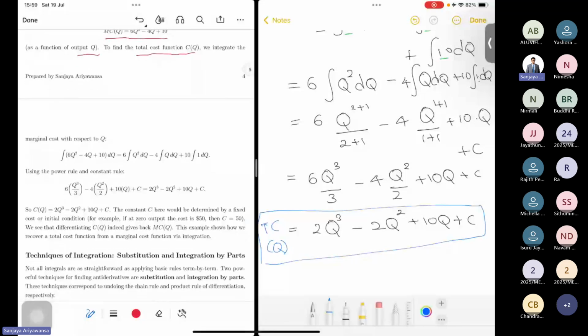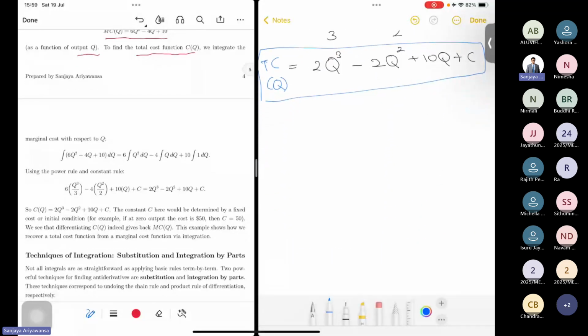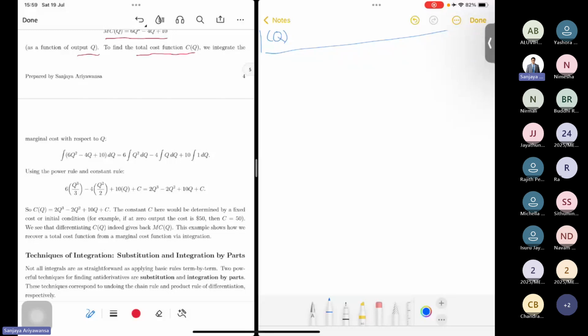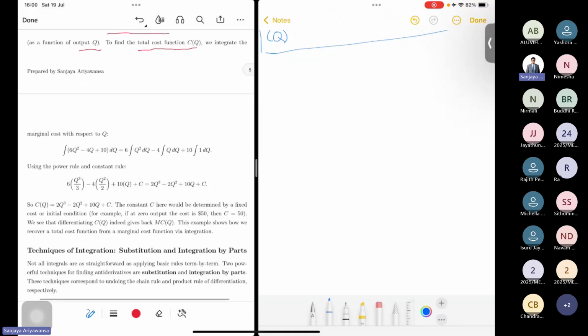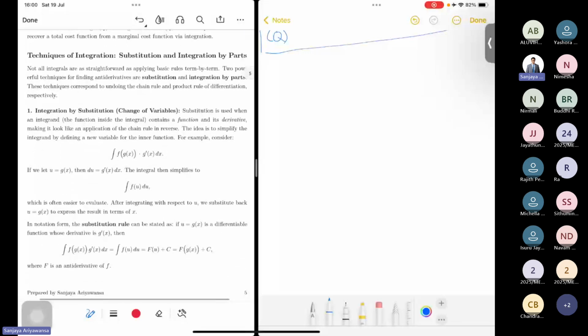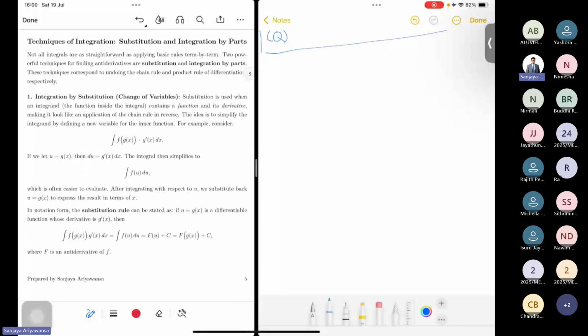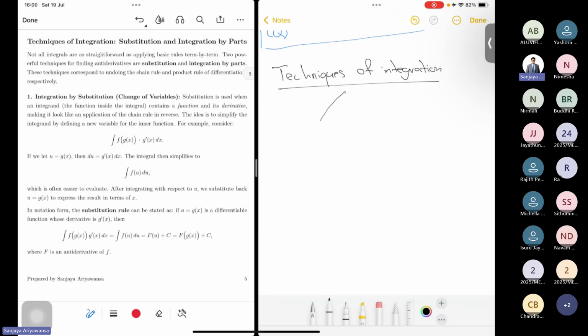So that's covering the rules of integration. Now we also have the next part, which is the second part, which is covering techniques of integration. Under techniques of integration, we are looking at two techniques, at least for this lesson.